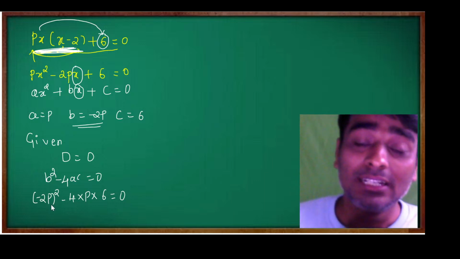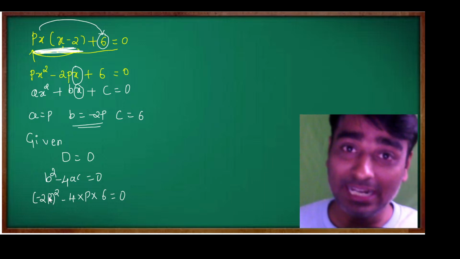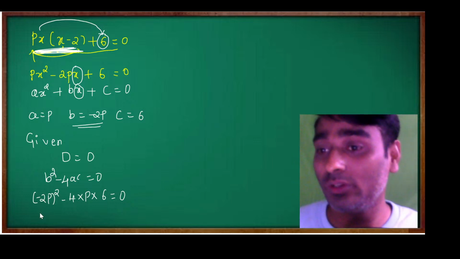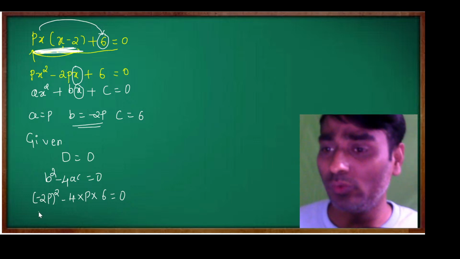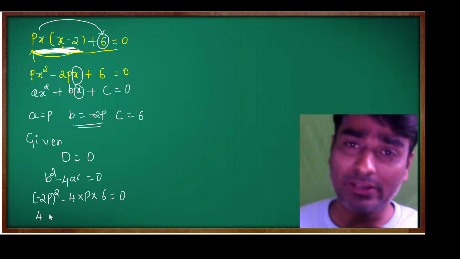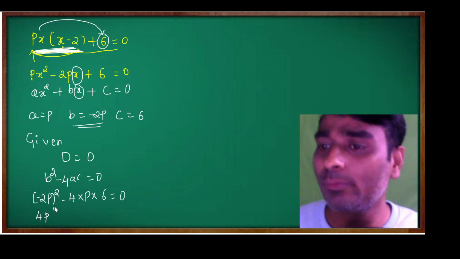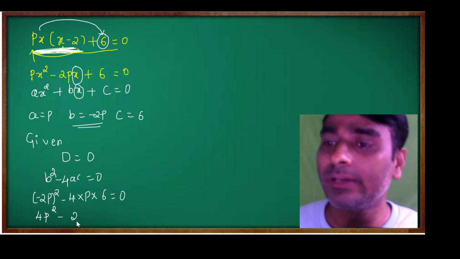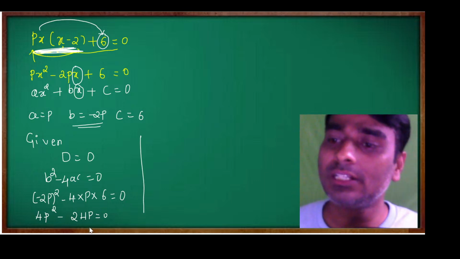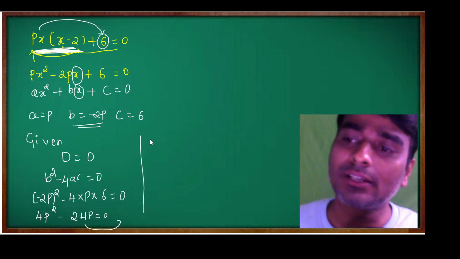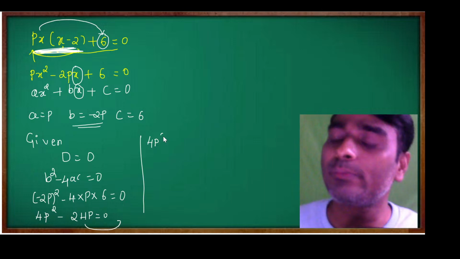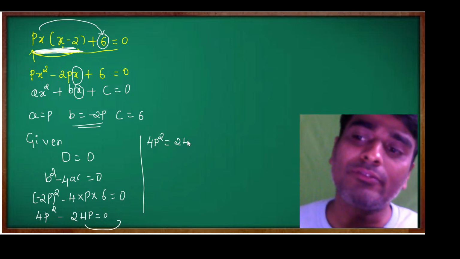First square the negative number. Minus 2 into minus 2 will become 4, so 4p squared, minus this will become 24p equal to 0. Shift the 24p to the right. So you will have 4p squared equal to 24p.